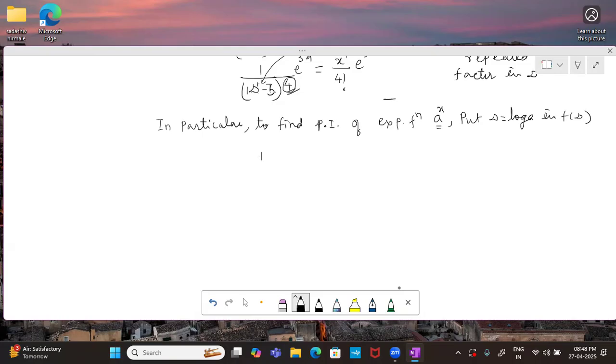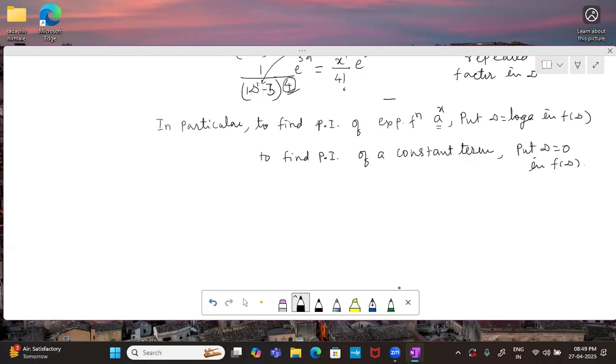And to find the PI of a constant term, put D is equal to 0 in f of D. That is it.